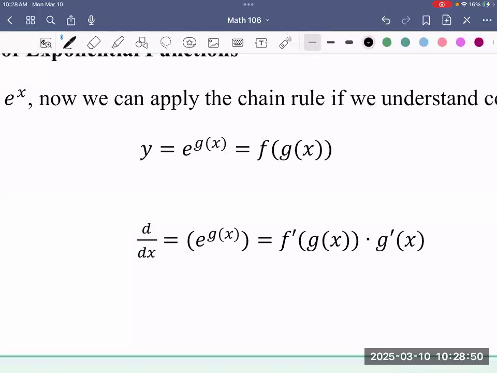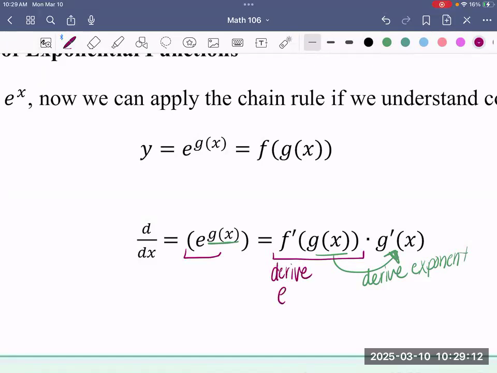So this is the derivative of the exponent, and this f prime is your f prime here. So the derivative of e to the g of x is e to the g of x.